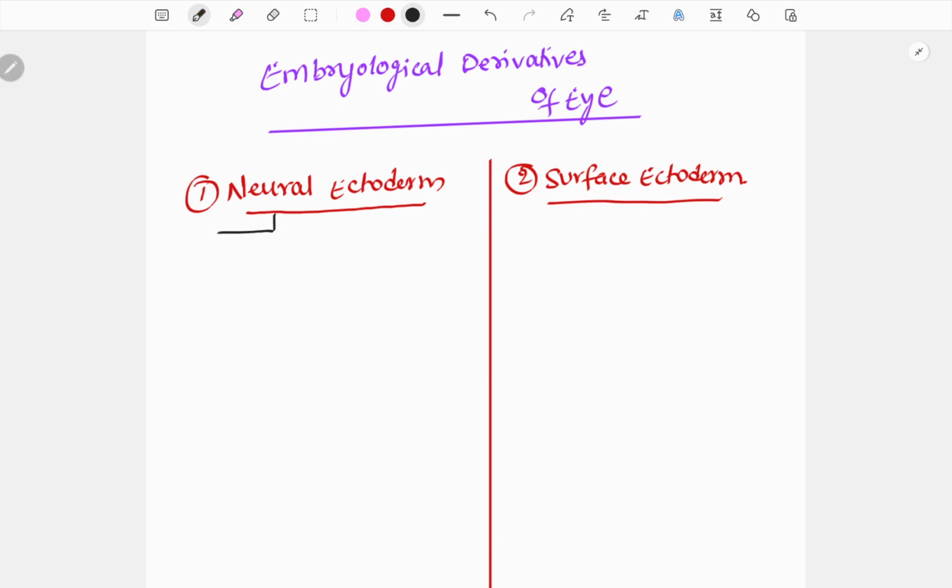From neural ectoderm, we need to remember the mnemonic called Chivrox. What is this? S is smooth muscles of iris.